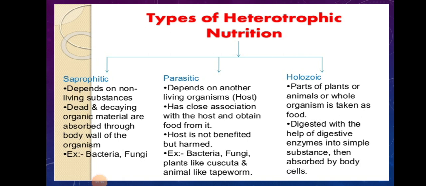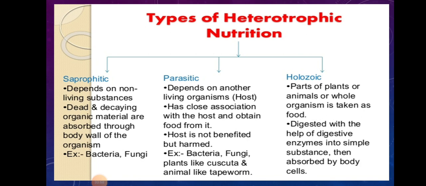Now parasitic nutrition depends on another living organism. This living organism is called the host, and the parasite has a close association with the host and obtains food from it. I have already discussed this in our previous lecture. Parasites are organisms which are dependent on other organisms, called hosts, and derive nutrition from the host.